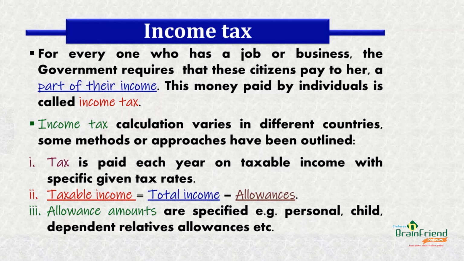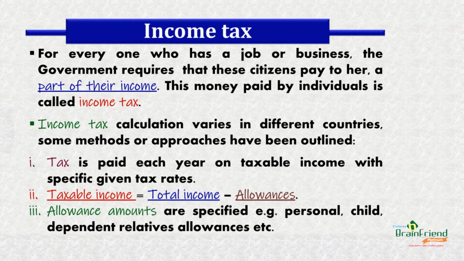First, tax is paid each year on taxable income with specific given tax rates. Secondly, taxable income is simply the difference between the total income and allowances. And then thirdly, allowance amounts are specified.